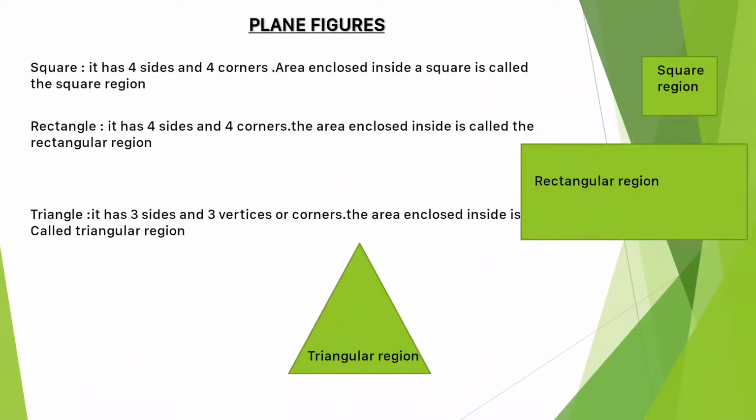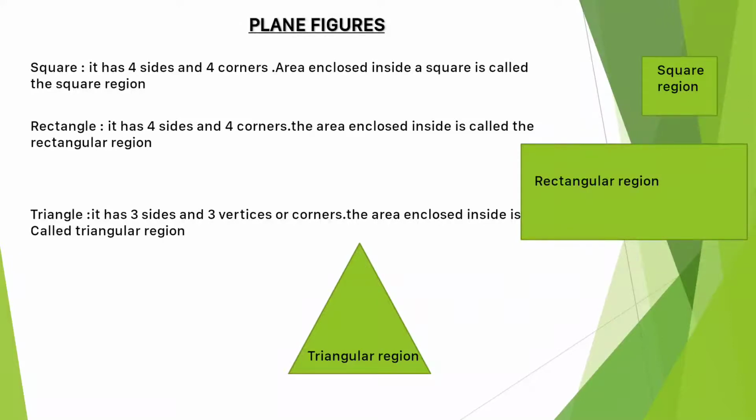Then next one is the plane figures. Square, rectangle, triangle, diamond and circle are called plane figures or flat shapes. Its surface is plane, or it is otherwise known as flat shapes.